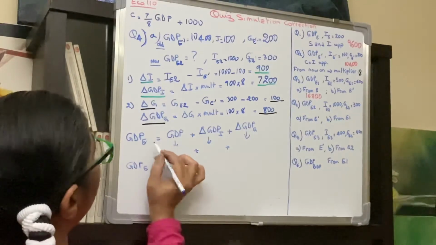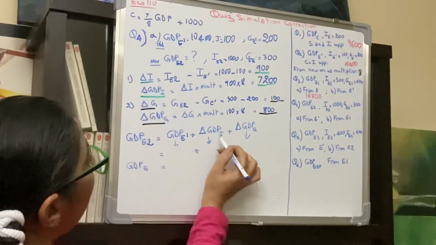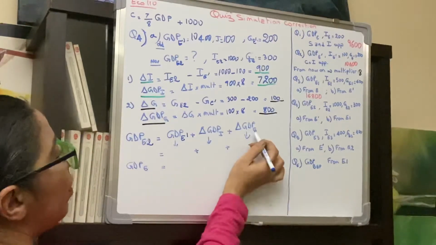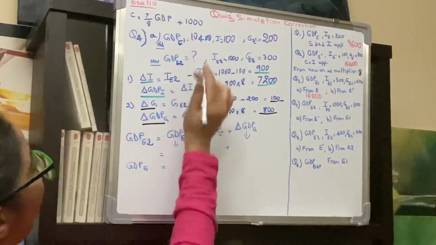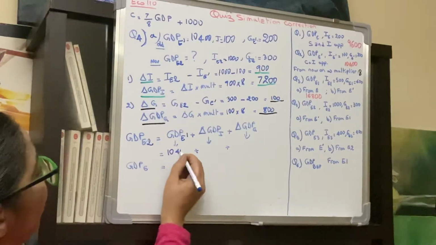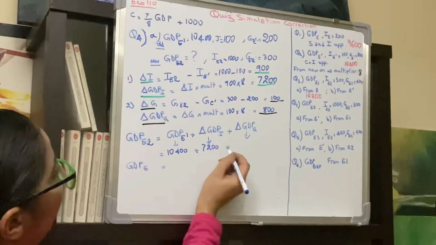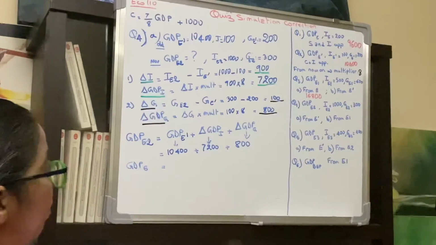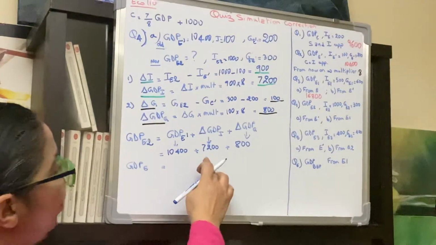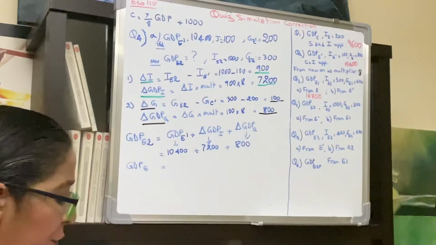Now, the new GDP, GDP E2, is equal to GDP E prime plus delta GDP I plus delta GDP G. So GDP E prime is 10,400 plus 7,200 plus 800. So let's see the new GDP. That would be 18,400.